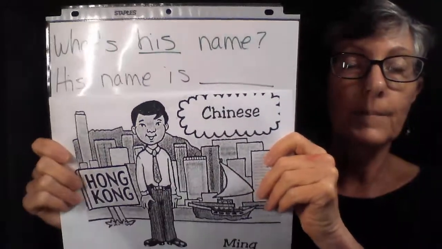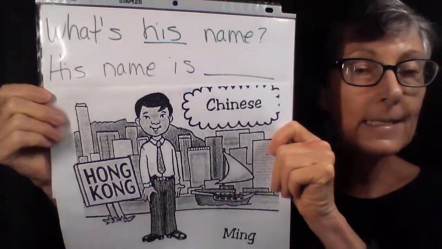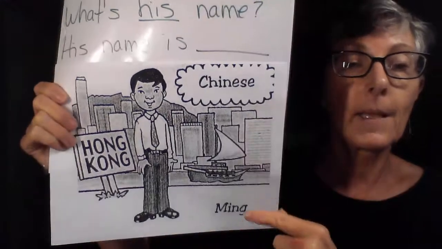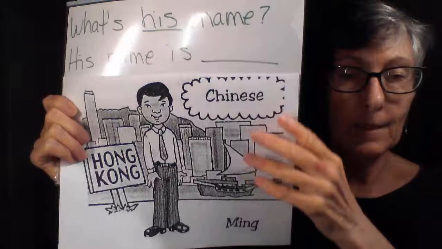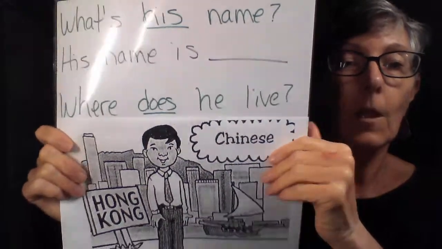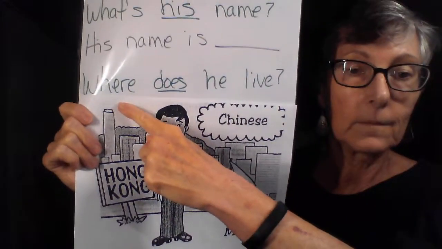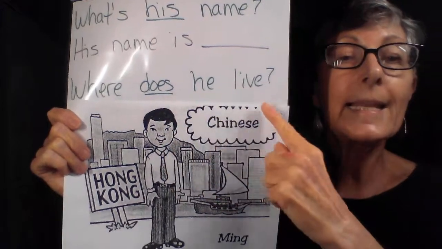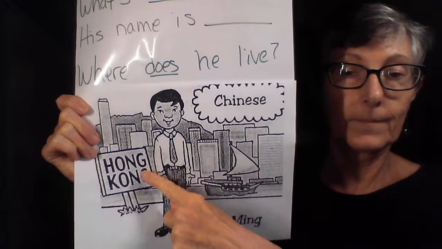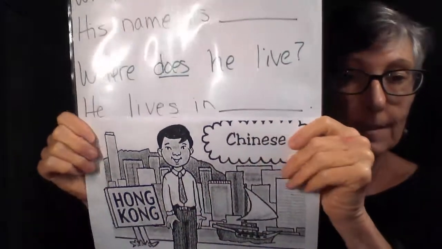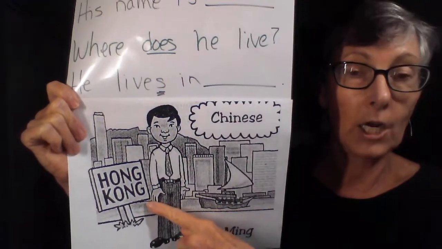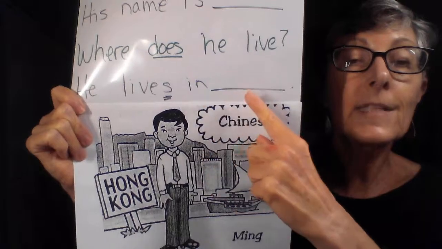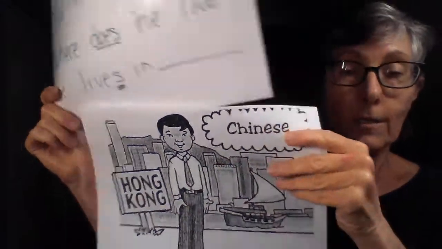And the answer is, his name is Ming. Where, location, where does he live? Correct. He lives in Hong Kong.